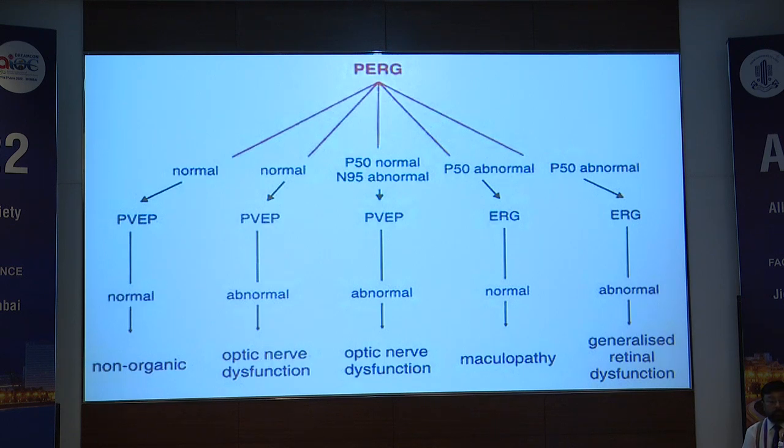So pattern ERG is always a supplement to visual evoked potentials and ERG, and various permutations and combinations of results give you various types of diagnosis, which in routine practice, as a retina surgeon or general ophthalmologist, we club into one.